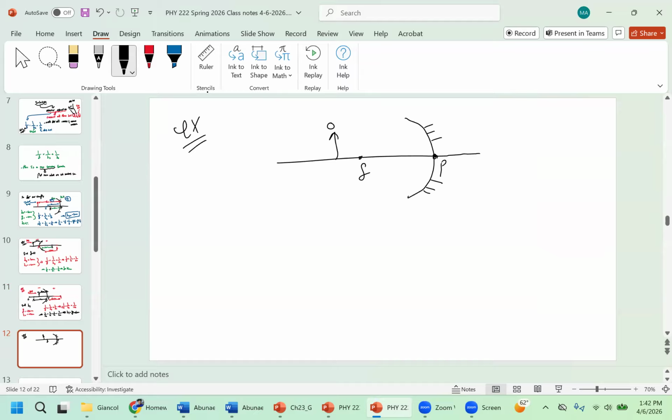Let's say the distance for F is 21 centimeters. And let's say again, image right over here. And the distance for the image is 56 centimeters. That's image I. So find the distance for the object.